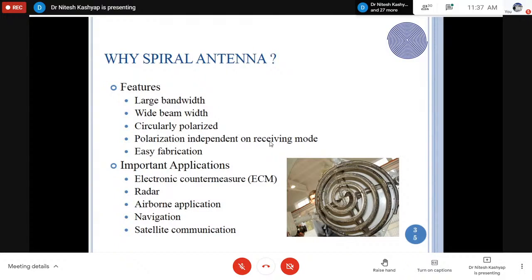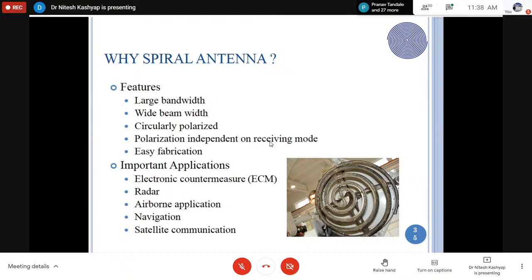The spiral antenna is basically a frequency independent antenna, and you can use it for countermeasure applications. It is a very important application in the battlefield, where we can identify the frequency bands of the enemy.